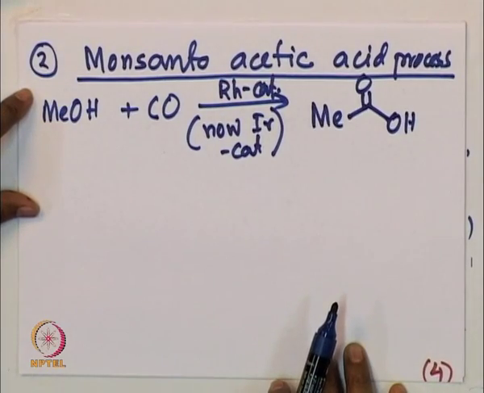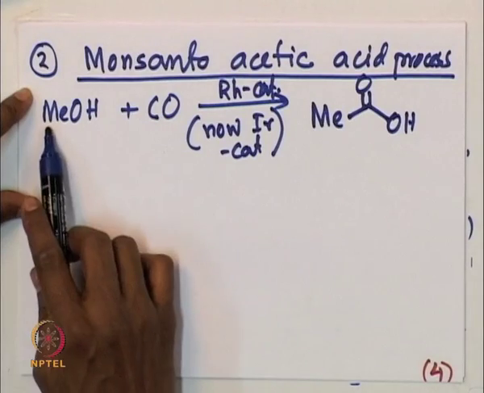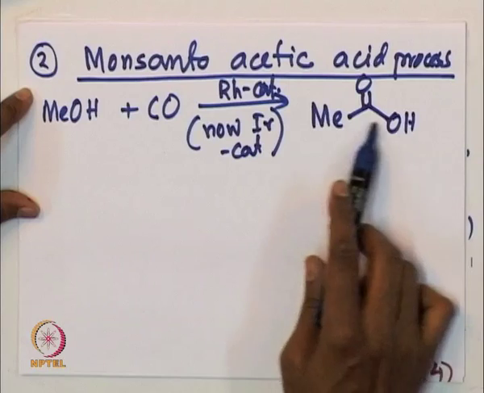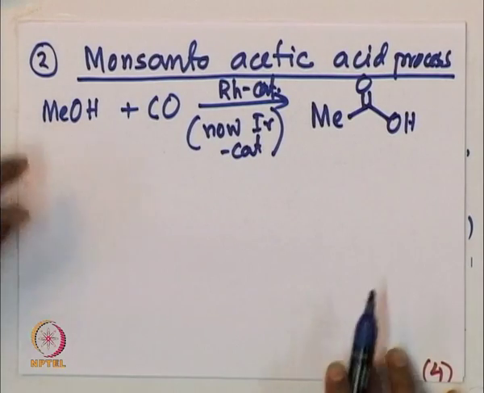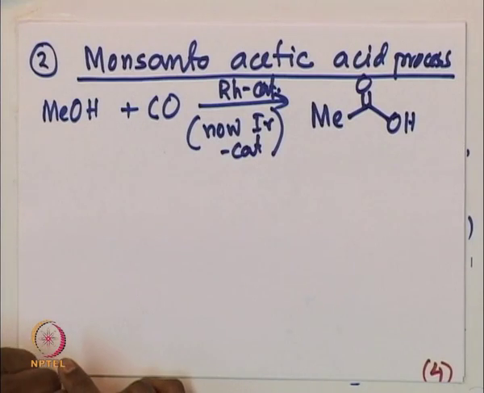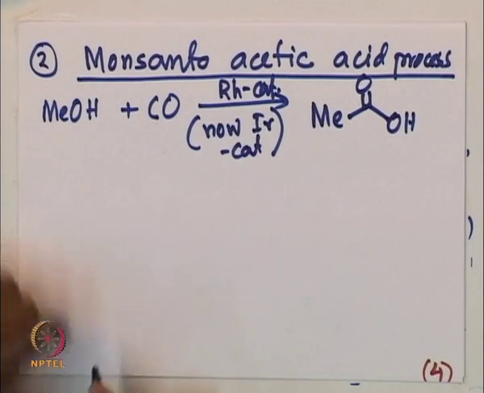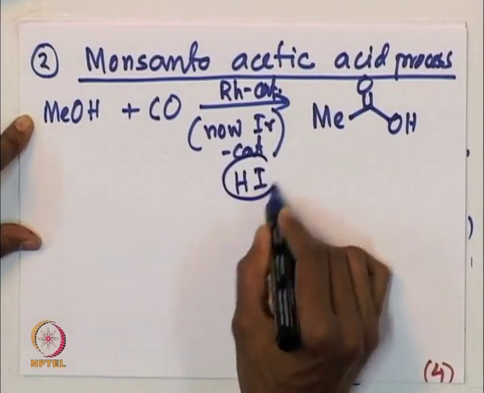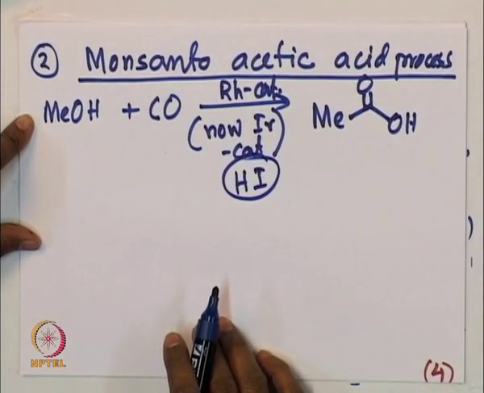That reaction looks really funny, right. Of course, it is not going to be insertion of CO or methyl from methanol directly. What you need here is an iodide source. So, what you need in addition is HI. Therefore, the mechanism is a little bit interesting.